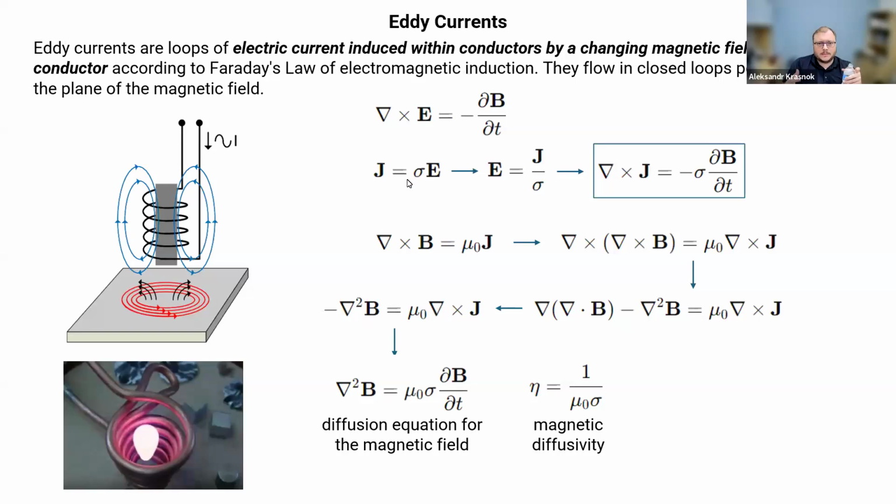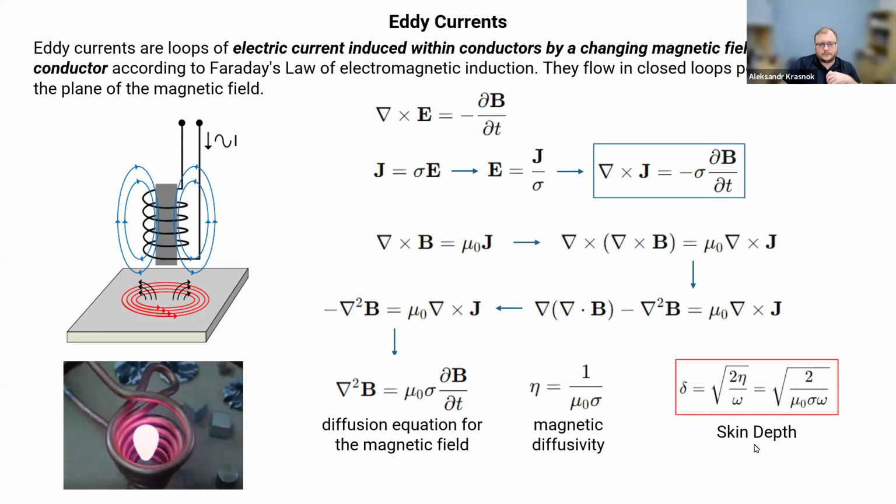So any metal has finite conductivity, and this fact leads to conversion of the energy of magnetic field into heating, right? And this conversion of energy of magnetic field to heat simply leads to the fact that magnetic field decays into the bulk of the metallic object. And this parameter theta describes this process.